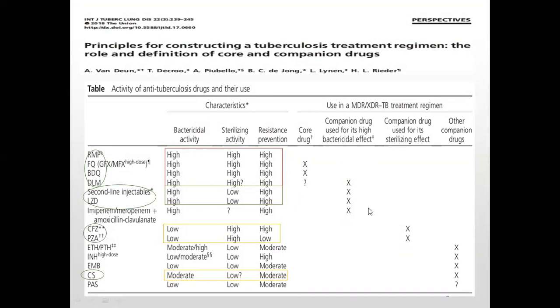So in general, our regimen must always include a core drug plus at least one companion drug with high bacterial activity and or 2 sterilizing companion drugs. But as mentioned earlier, if the patient is okay with all group A drugs, then we prioritize those first, and only then do we add drugs under group B and group C. So yeah.